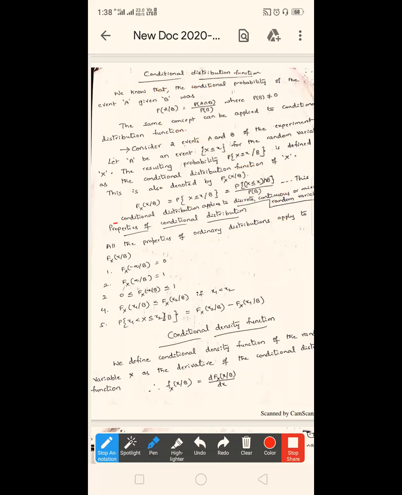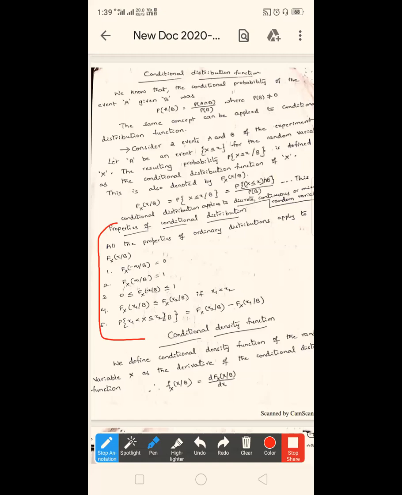Now, what are the properties of the conditional distribution function? The conditional distribution function can be applied to any type of random variable. How many types of random variables do we have? Three types.